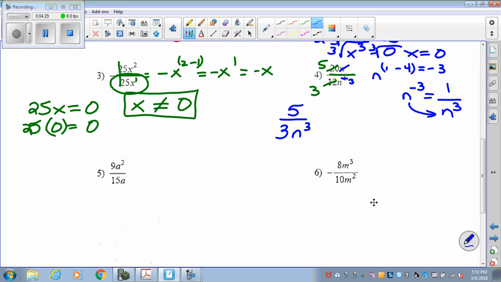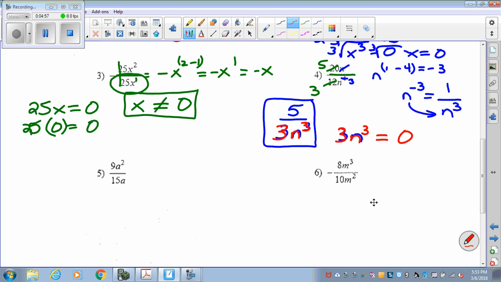Okay, so this is my answer after I simplify, and now I have to do my exclusion. Look at the denominator, 3n cubed. If it's equal to 0, that is a problem. So what value of n is going to make that 0?